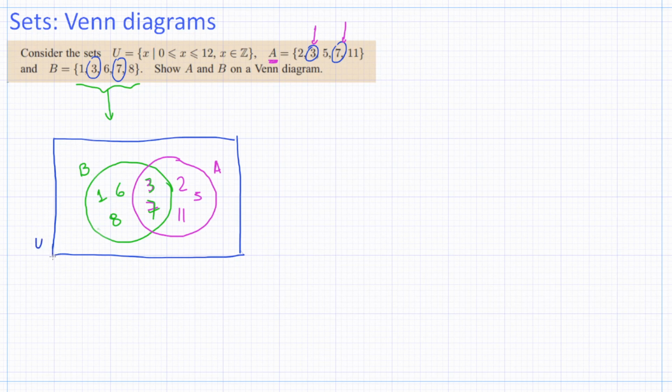So we've got our universal set, and we were told that our universal set was all numbers from 0 to 12. So 0, 1, 2, 3, 4, 5, 6, 7, 8, 9. Much faster on paper, I know.